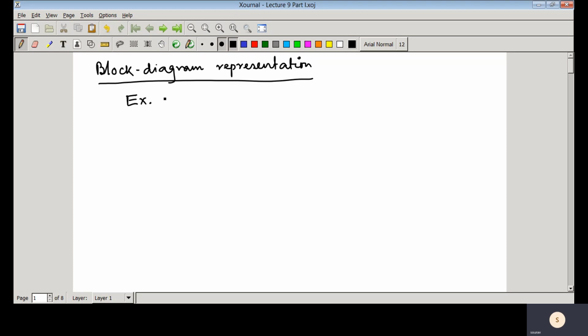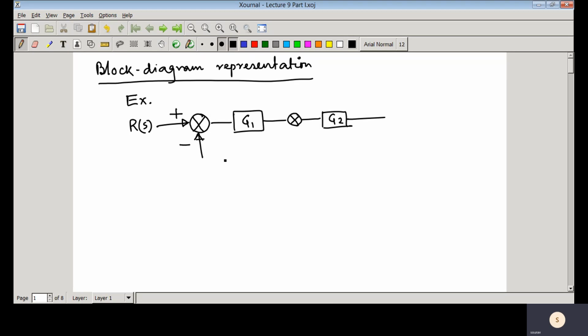The first example is: you have a plant here G1 and another plant here G2. One signal entering here, so this you have positive and that feedback is negative feedback.